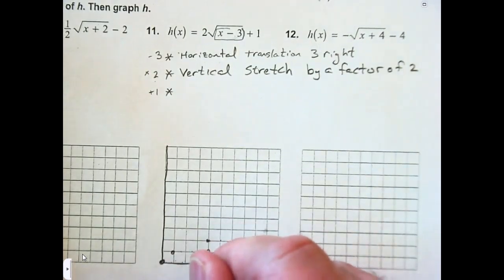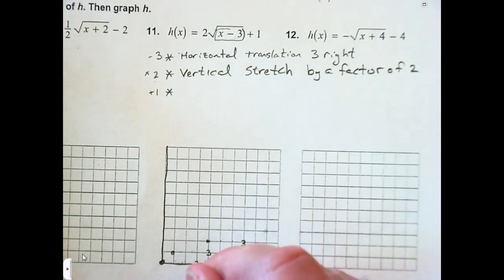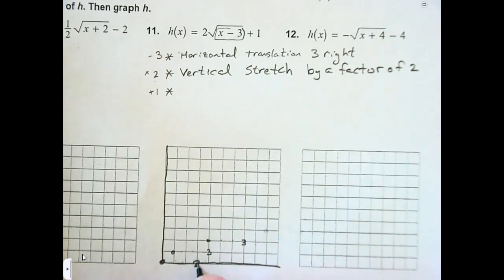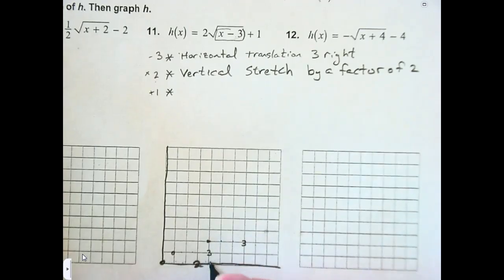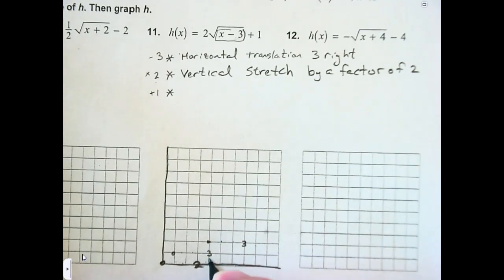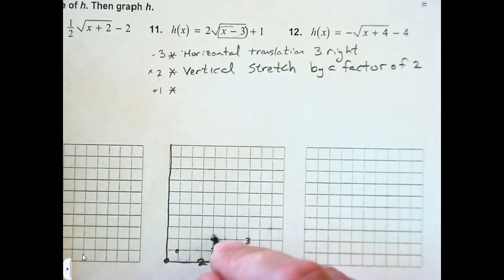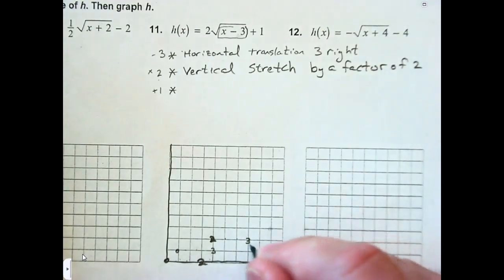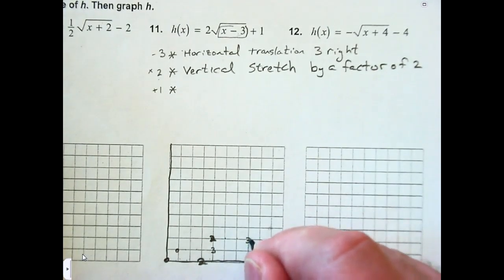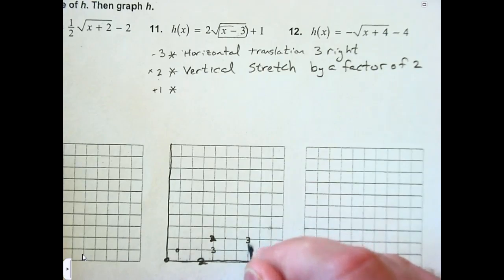That means each of these points stretches away from the x-axis by a factor of 2. This one's on it. So when I multiply a distance of 0 by 2, it's still 0. It stays right there. So I can now change that to a 2. This one is 1 unit from x. If it started at 1 unit and I'm doubling it, it needs to be at 2 units away. So now it's right there where that old point was. And this one that was 2 units away is now 4 units.